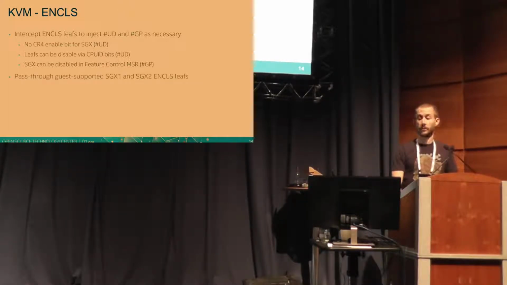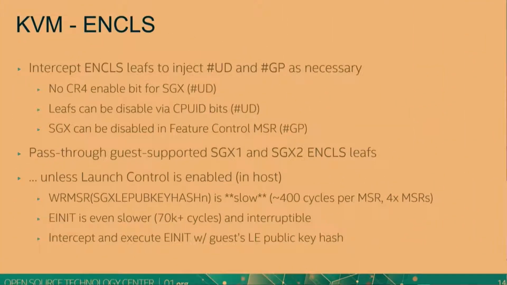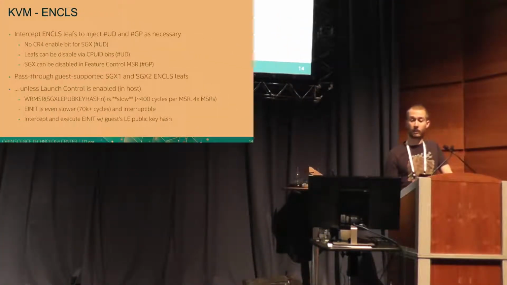For the most part, we just pass through leafs. There's no reason in base SGX support to intercept any of the SGX1 and SGX2 leaf functions, unless you have launch control enabled in the host. This is because when you're initting an enclave, you have to have a matching public key hash.